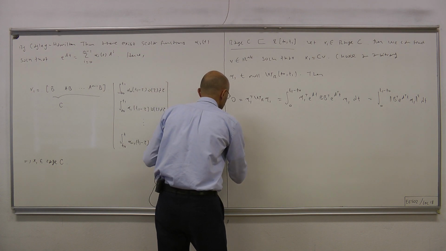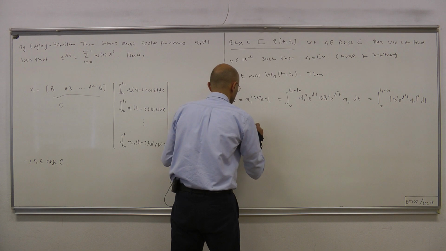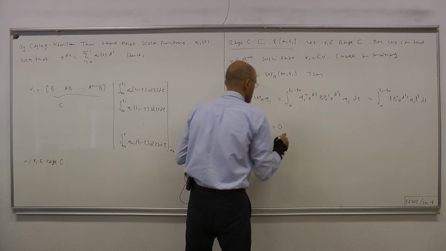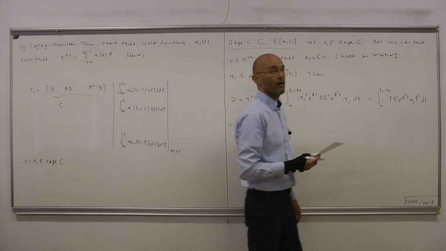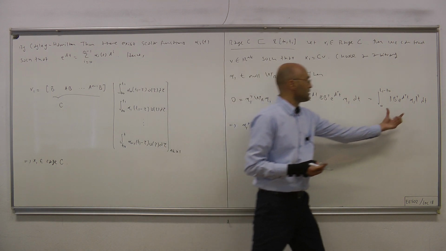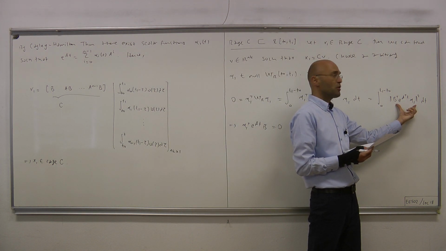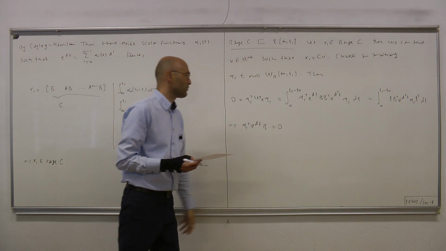So therefore, that allows us to write the following: eta 1 transpose e^(At) B is 0 for all times from t0 to t1. The norm must be 0, therefore what's inside the norm must be 0, and then we simply transpose that 0. Still we obtain 0.